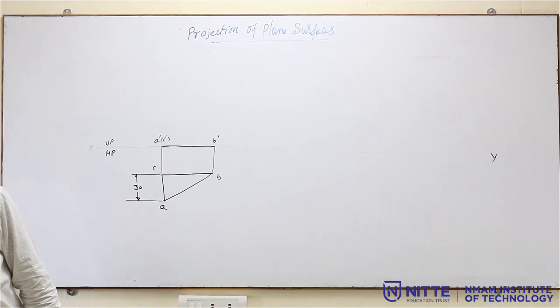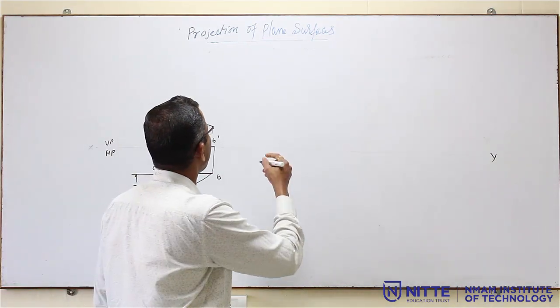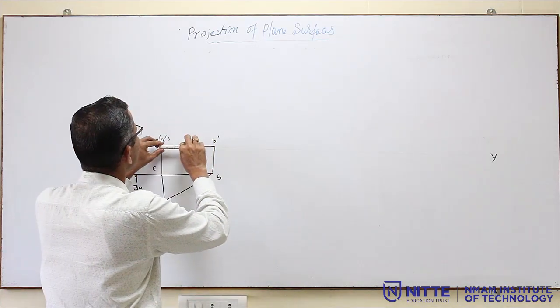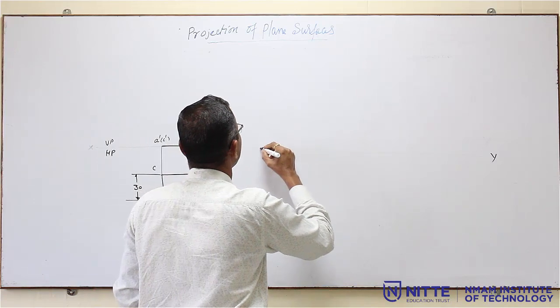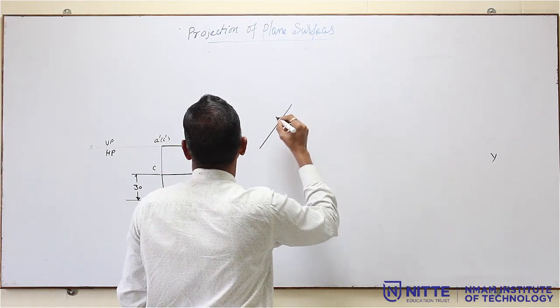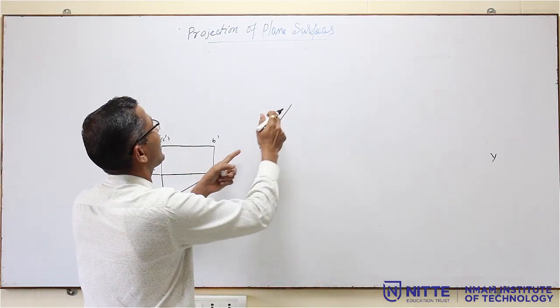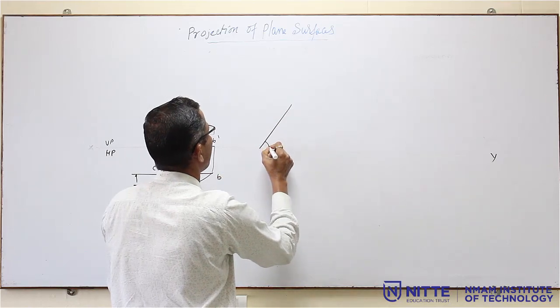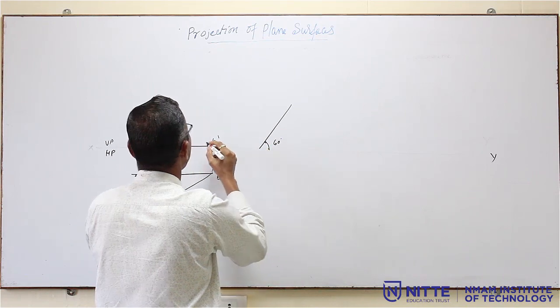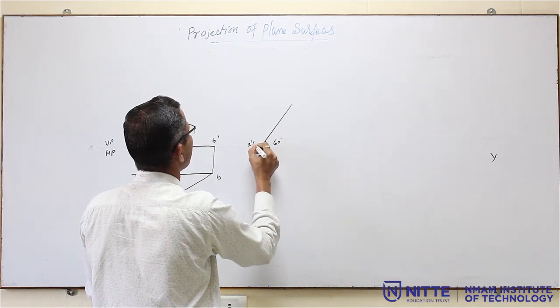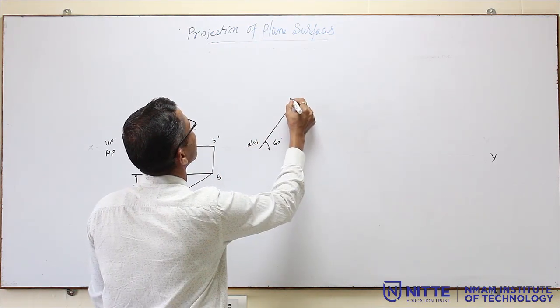The lamina or set square itself is inclined at an angle of 60 degrees to HP. That means this front view you have to tilt at 60 degree. So, same length you have to take here, only the angle should be 60 degree. And copy all the namings, A dash inside the bracket, C dash and this is B dash.